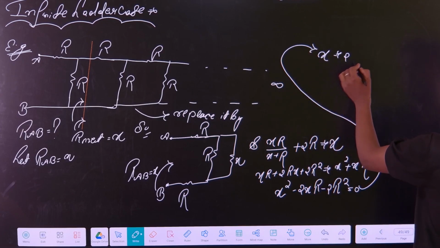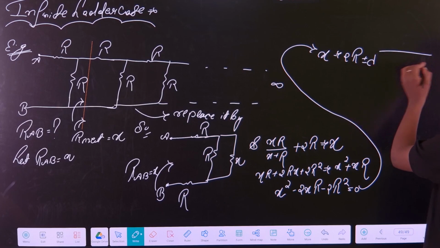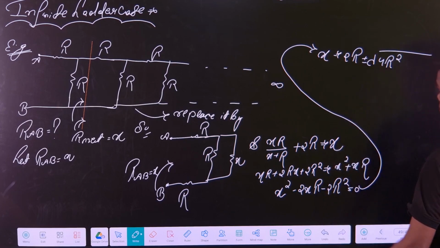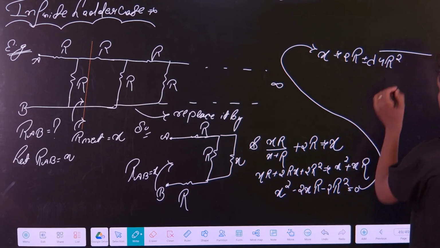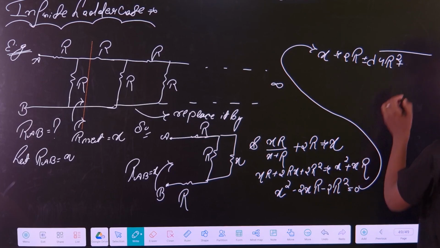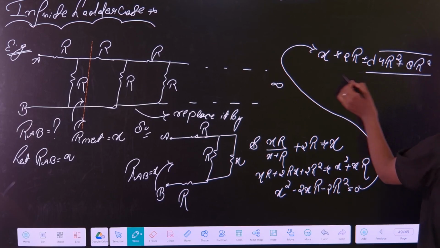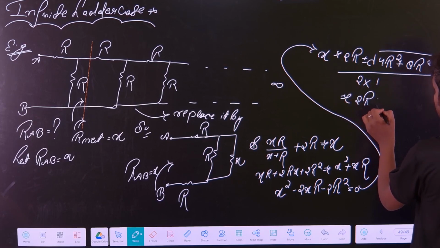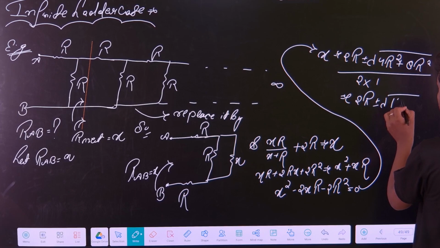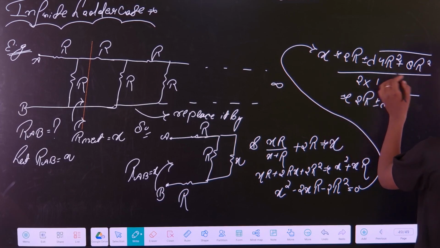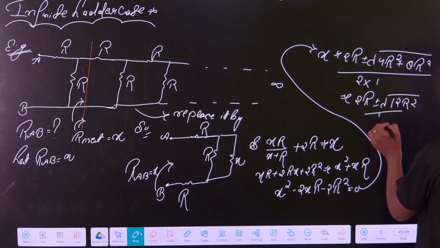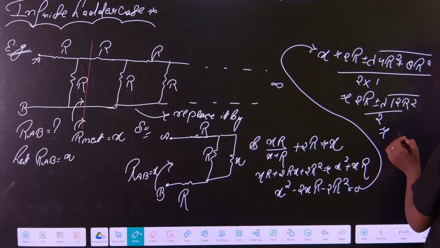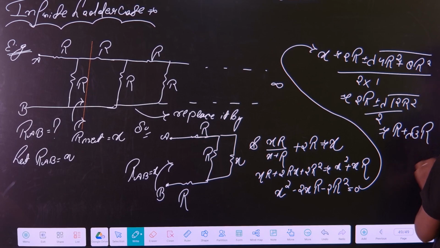X is equal to R plus or minus under root of R square plus 8R square, that is 9R square, divided by 2. Solving, you will get either R plus root 3R or R minus root 3R.